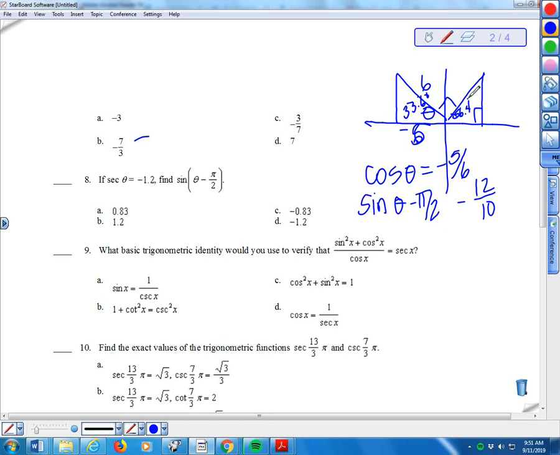Which means this is 33.6 up here. So that means this is 5, this is 6. Is that right? No, adjacent. Yeah, the 5 would have to be adjacent. 5 and 6. So sine of theta minus pi over 2 is the same as cosine theta. That's what I'm trying to get to. Did you follow that logic? So it should be 5/6, which is 0.83.